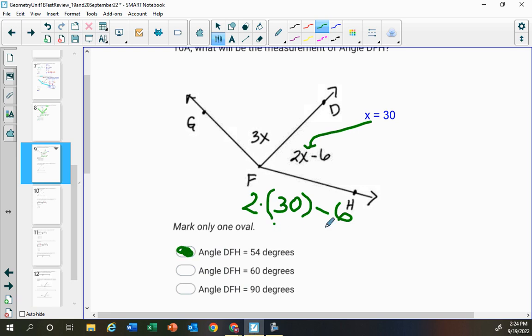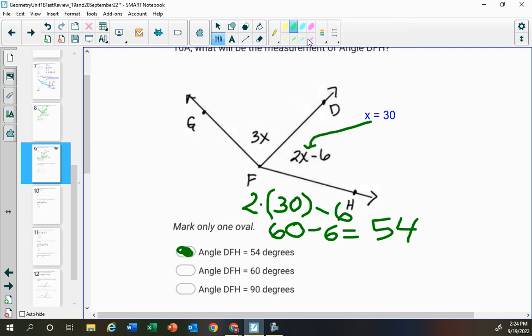You're going to get your final answer because 2 times 30 is 60 minus 6. And that will equal 54. Again, DFH is this angle right here, so you need to understand which angle we're using.